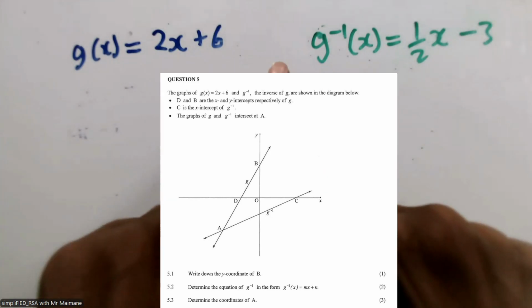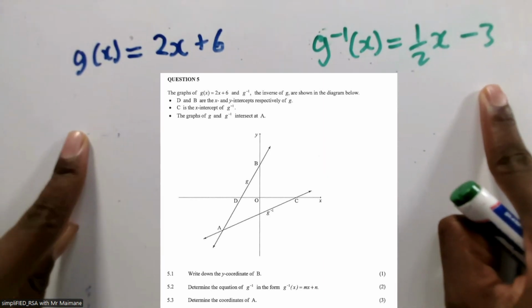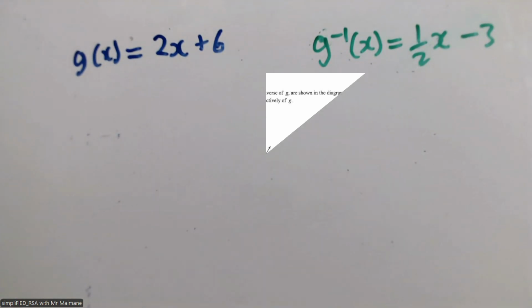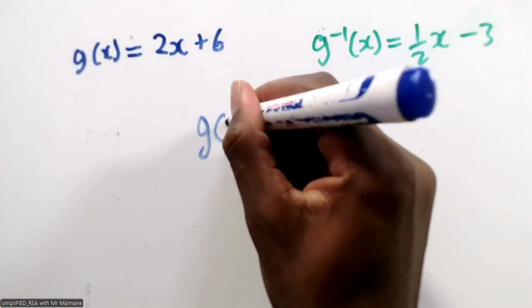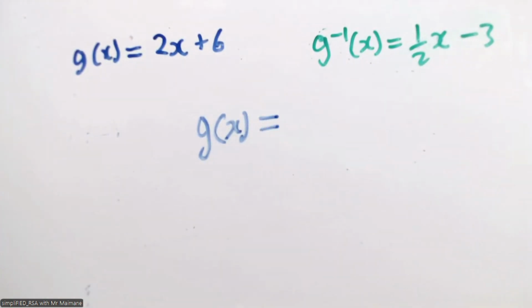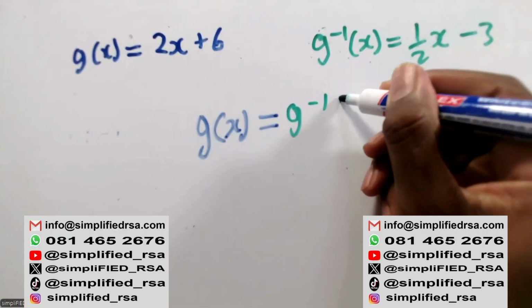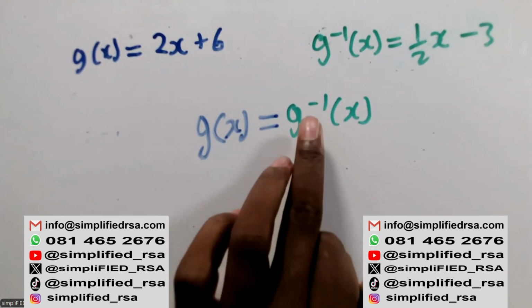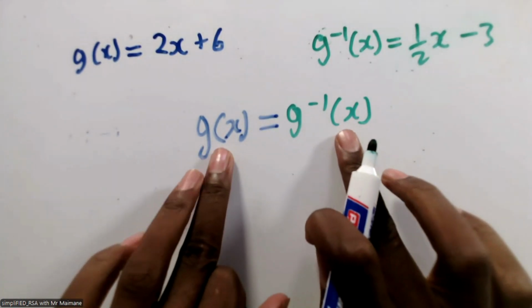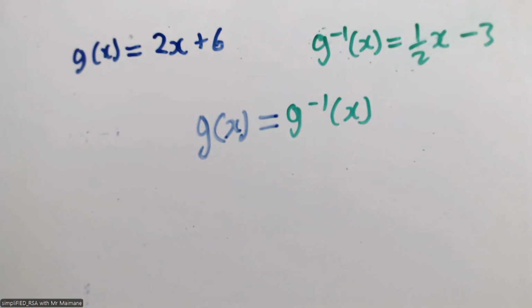So if the two graphs are crossing each other at point A, clearly we can tell that g of x is exactly equal to g of minus 1 of x. So the functions are equal at the point of intersection, exactly as it is.